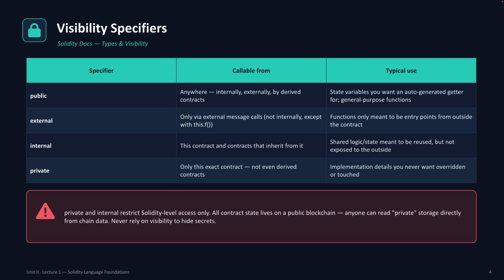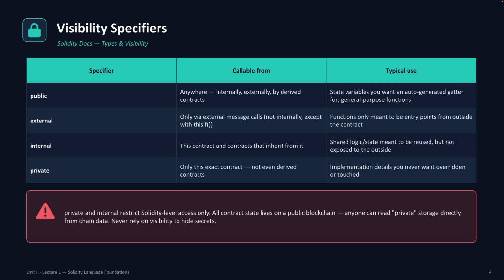What is its typical use? State variables, where you want an auto-generated getter, and general purpose functions. When you declare a state variable with the public specifier, Solidity automatically defines a getter function for that variable.